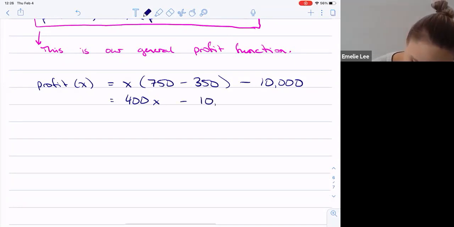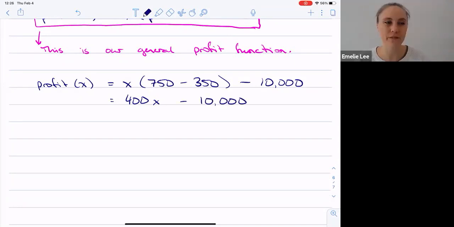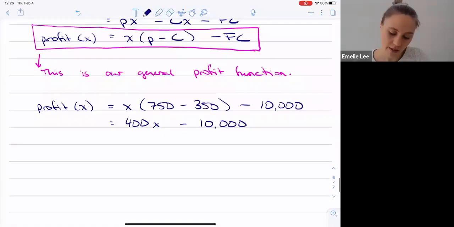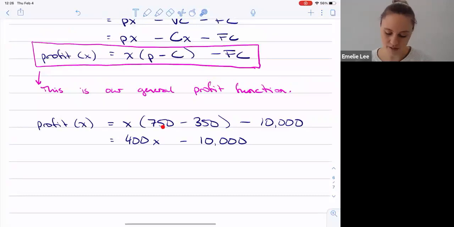So, and then minus 10,000. Okay. There will be questions where it's going to be beneficial to leave it as 750 minus 350, but for now, let's just simplify it to 400X. So sometimes it's going to be easier to solve the problem, depending on the problem, if you have the profit function like this.